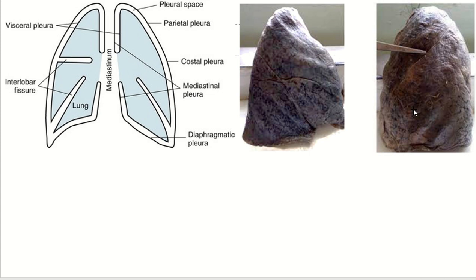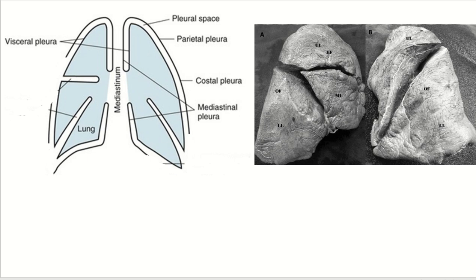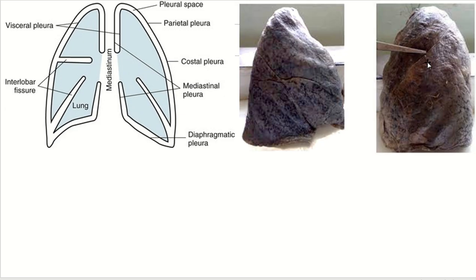Some lung fissures look like this and some lung fissures look like this. You know, lungs are covered by the pleura. Pleura has two parts. This is parietal pleura and deeper pleura is known as the visceral pleura.